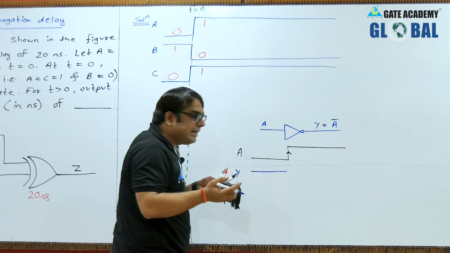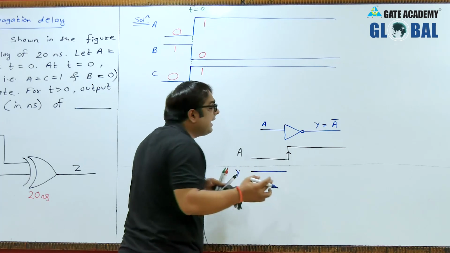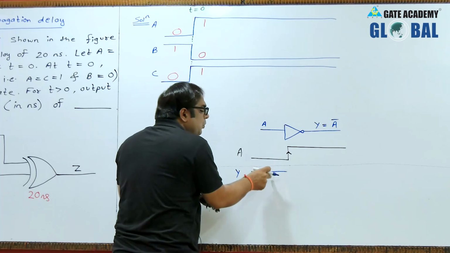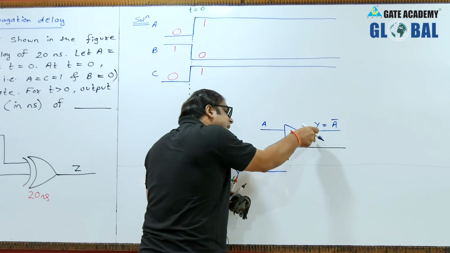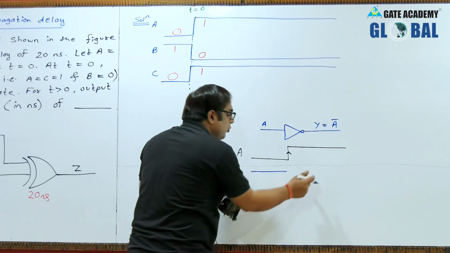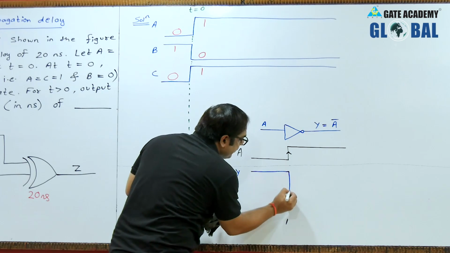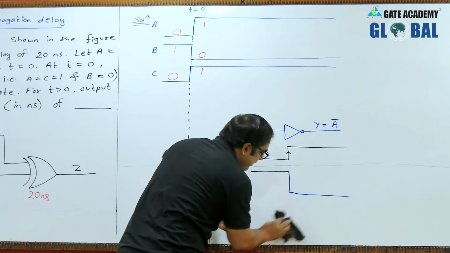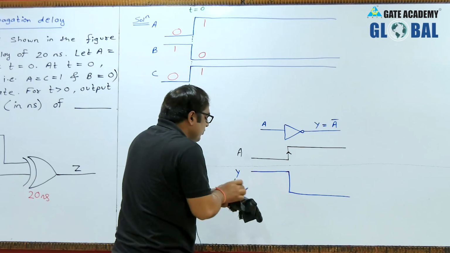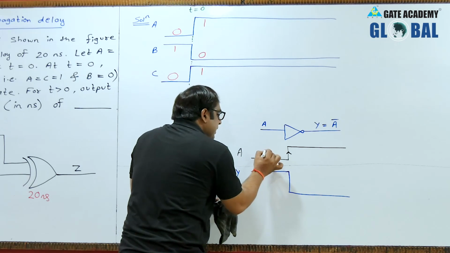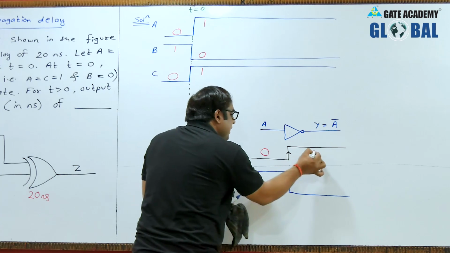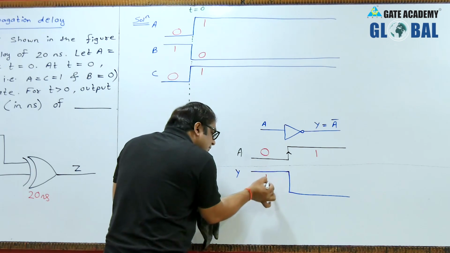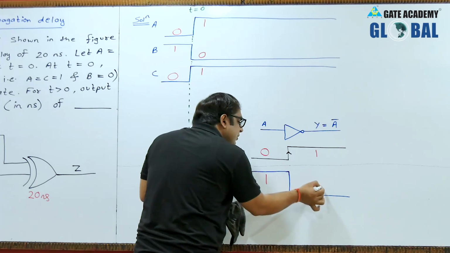It is obviously a NOT gate. So when input was 0, output will be 1, and when input becomes 1, output will become 0. See, A is equal to 0, A is equal to 1. Output is 1, complement of 0, and complement of 1 will be 0.